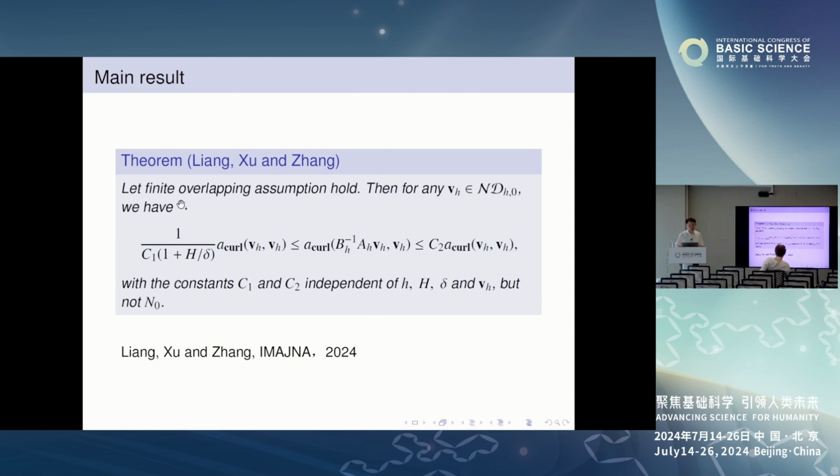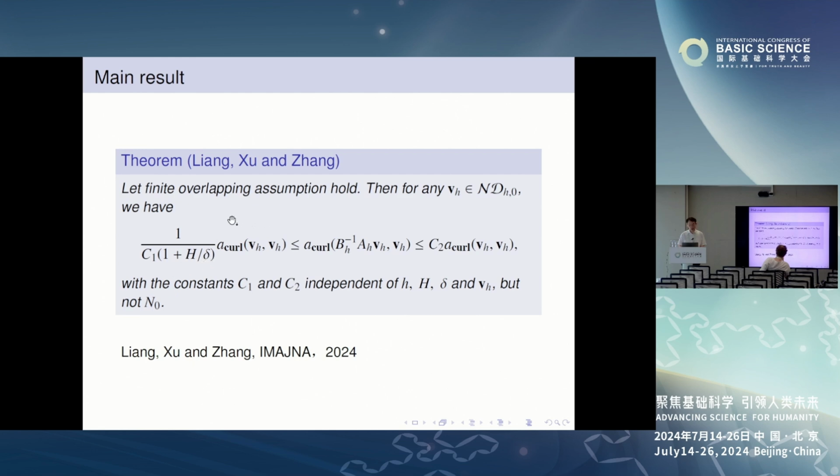If the finite overlapping assumption holds, and the coloring is satisfied, then for any VH, if it belongs to Nédélec elements, you can prove this result. Here it is capital H over delta, not the square, no square.